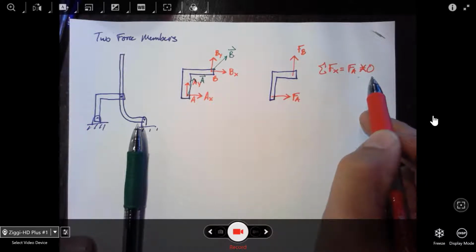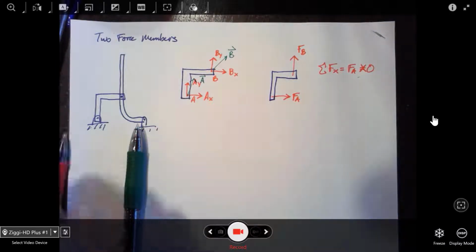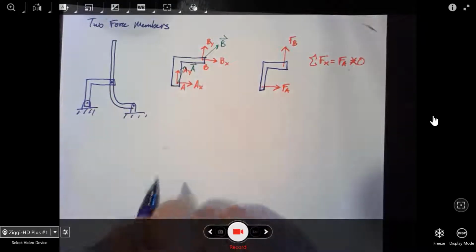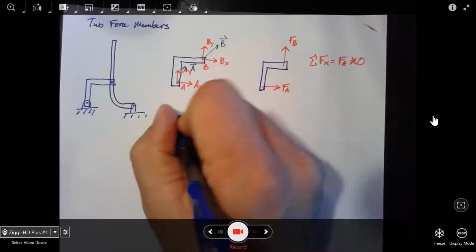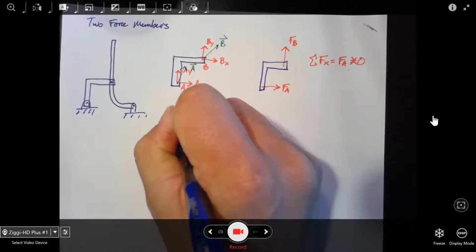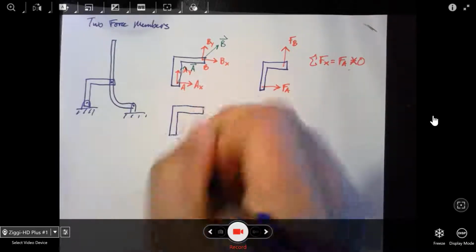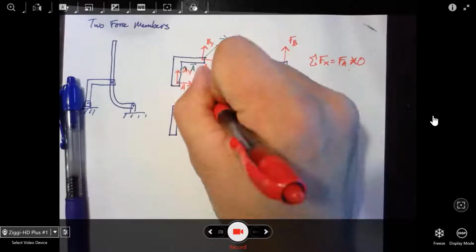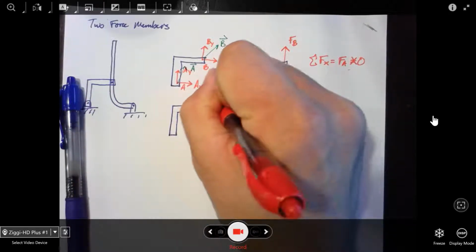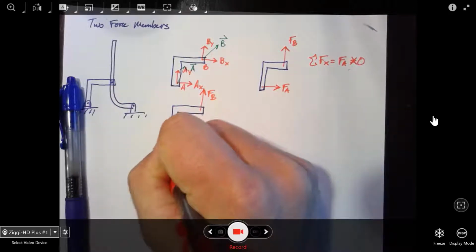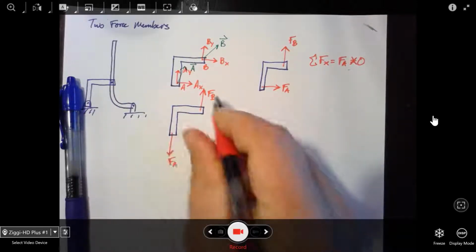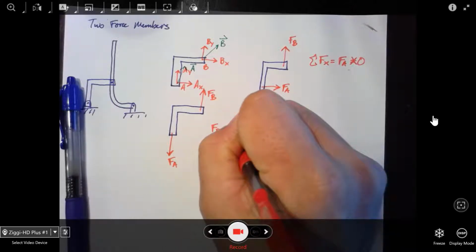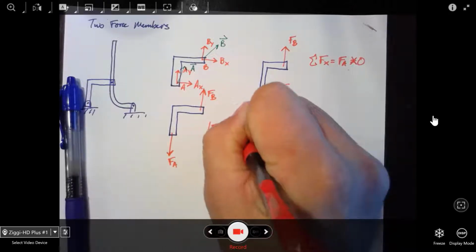Okay? So let's redraw it one more time. What if, to fix that, we make the forces equal and opposite? So I'm going to redraw it over here. Let's make F sub B still go straight up, and F sub A go straight down. And I'm going to tell you that F sub B is equal to F sub A, or the magnitudes of them are equal to each other.